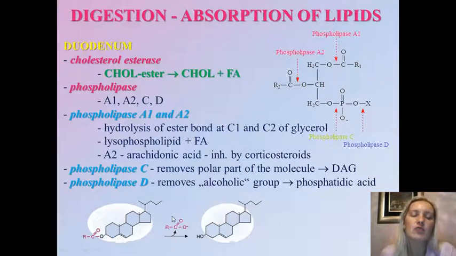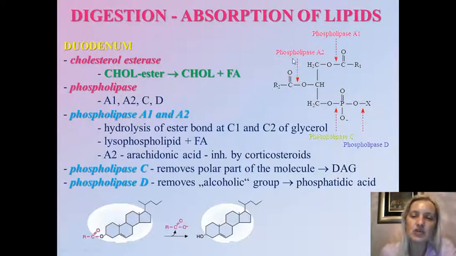And we have a group of phospholipases, 4 enzymes A1, A2, C, and D responsible for hydrolysis of phospholipids. So phospholipase A1 and A2 are hydrolyzing the ester bond at C1 and C2 of glycerol, releasing fatty acids, and we have lysophospholipid as a remnant after removal of fatty acids.